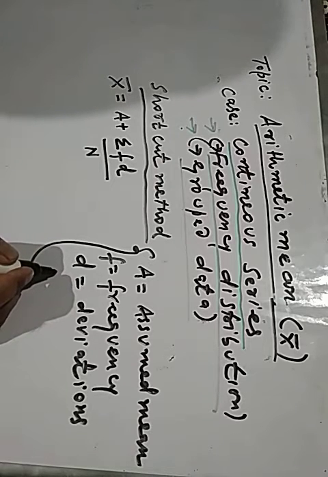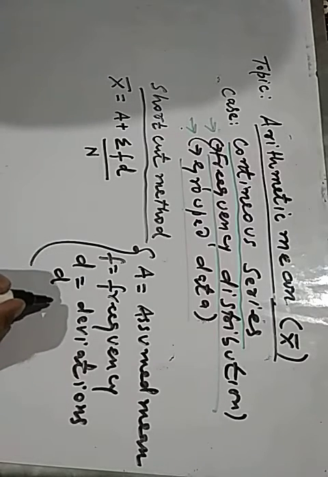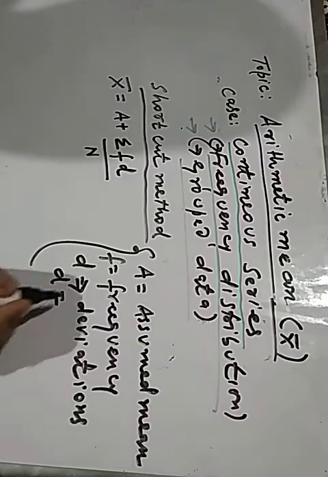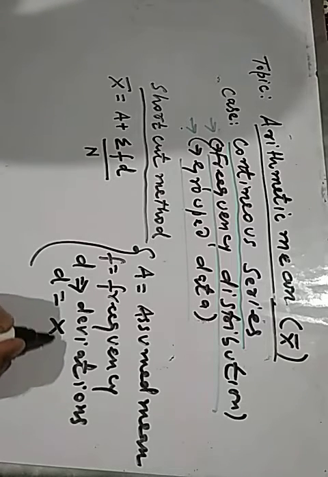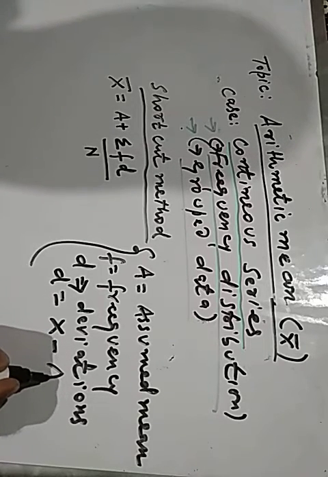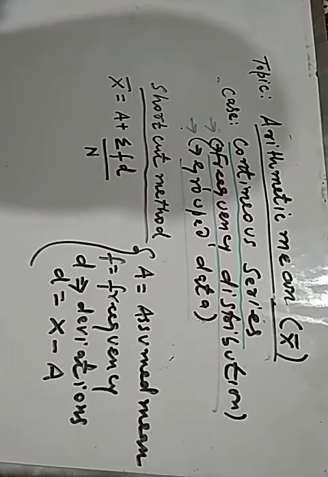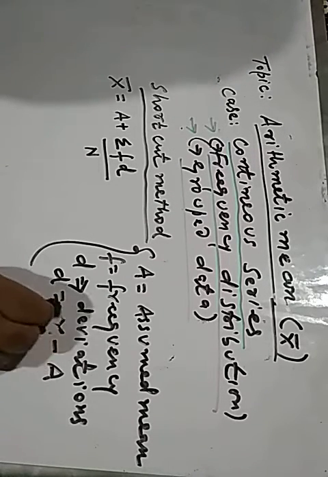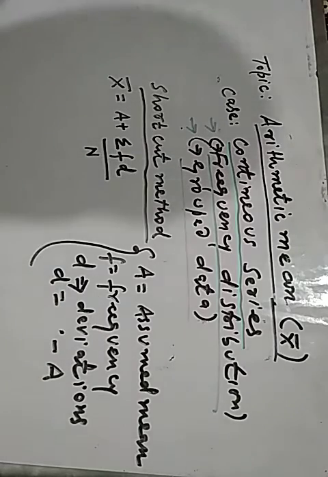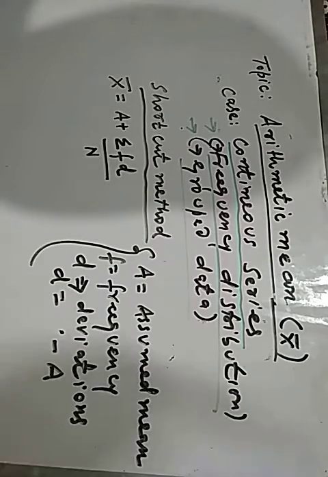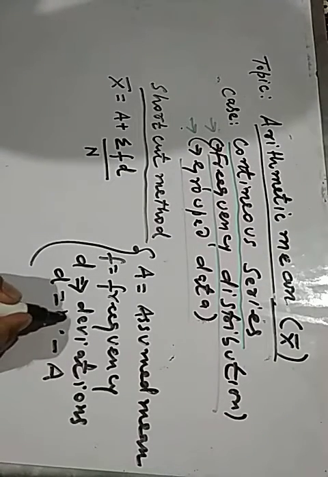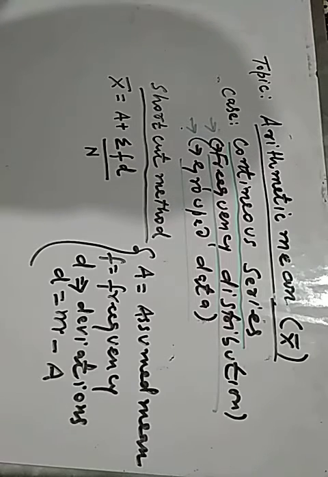and d is obtained with the help of the formula x minus a, but in case of continuous series this x will be mid value, therefore we have to write m minus a.